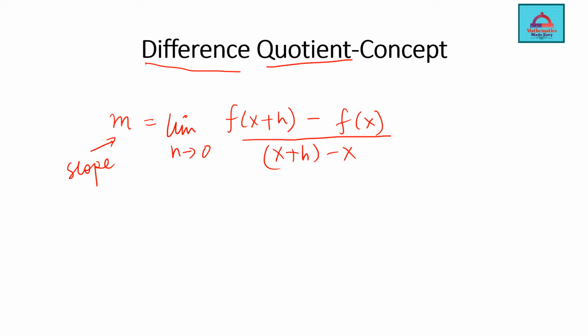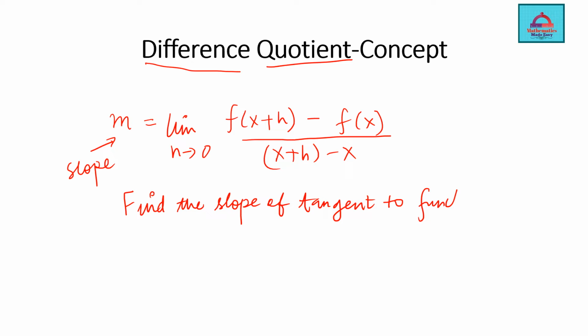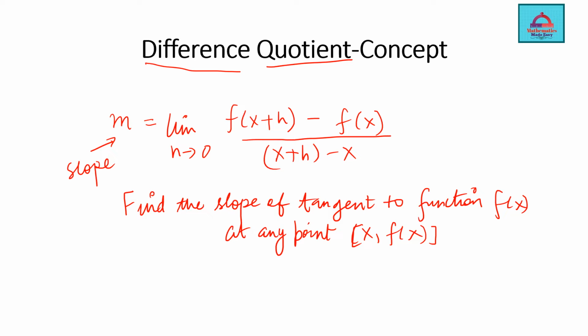When in an exam you get a question, find the slope of the tangent to a function, and the function is given to you, say f of x, and you need to find it at any arbitrary point x comma f of x, then you are going to use this formula of difference quotient. This will be the long method to find the slope of the tangent.